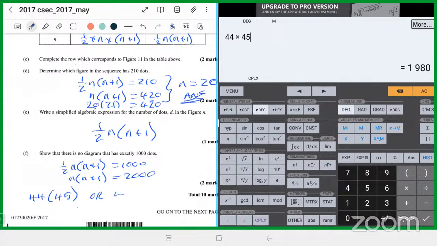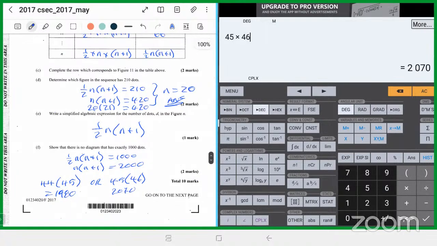Or it could be 45 times 46. But 45 times 46, which is the product of two consecutive numbers again, is passing the 2,000. It's 2,070. So I can say something like, let me show you how you could put it.